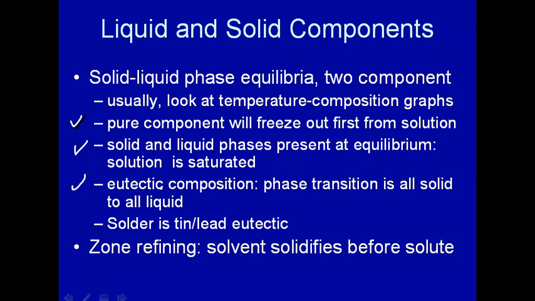And we learned about the eutectic composition. The phase transition is all solid to all liquid. All right. And an example of eutectic is solder. If you're soldering two wires together, for example, it used to be tin-lead eutectic, but people don't like lead anymore, so it's usually a different composition. But in the old days, tin-lead at a particular composition, you would just heat it up and it would melt.